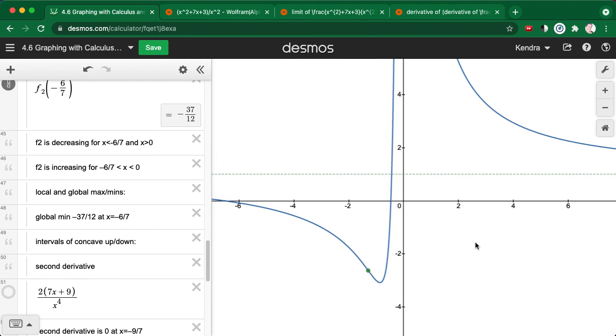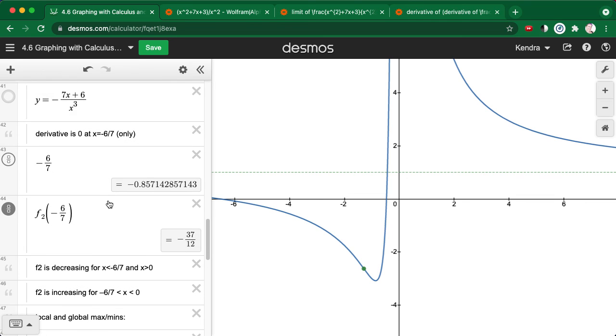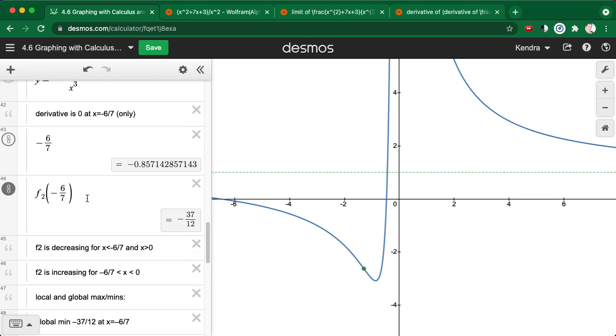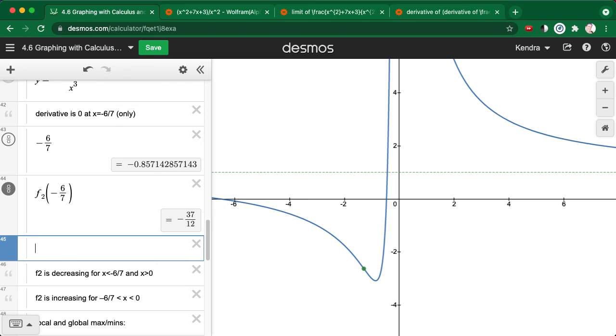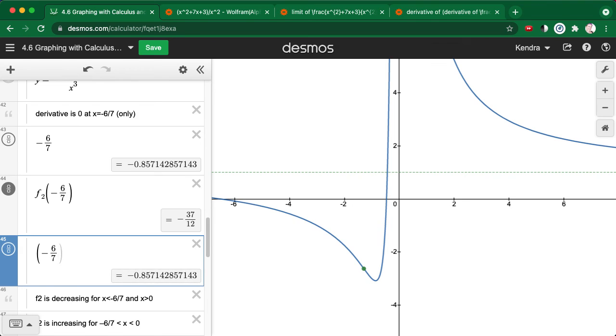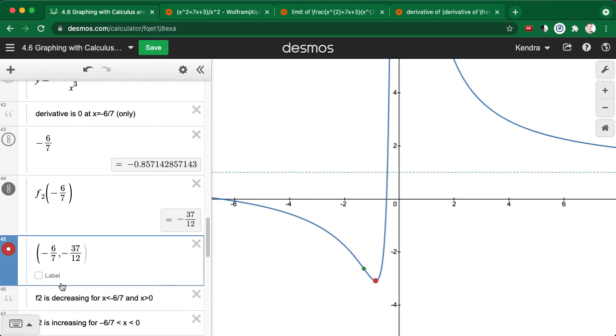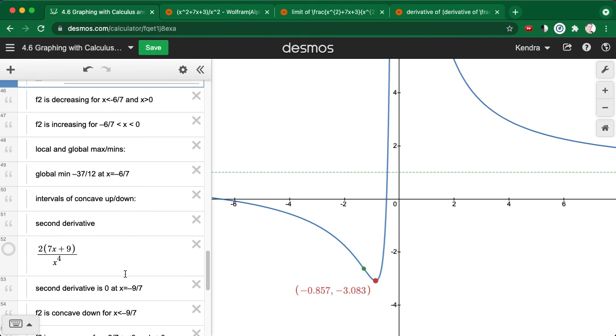Okay, if I was to plot some of this, I might want to plot the absolute minimum, negative 6/7 and negative 37/12. We might label those if we wish.